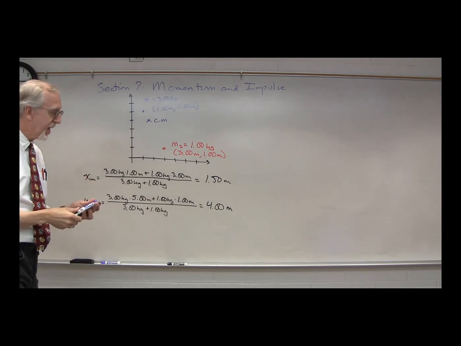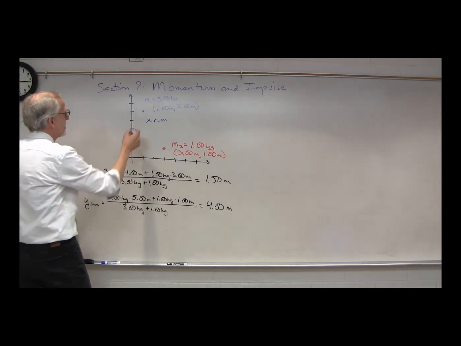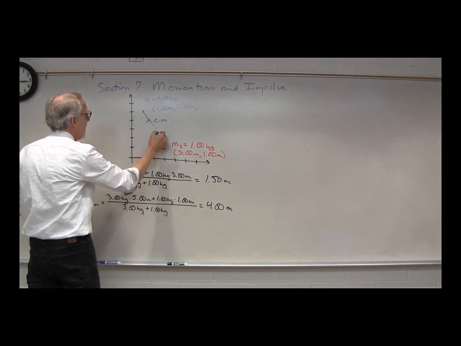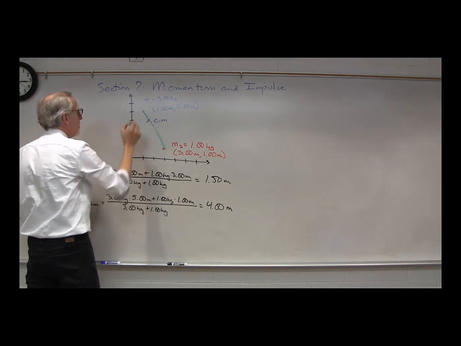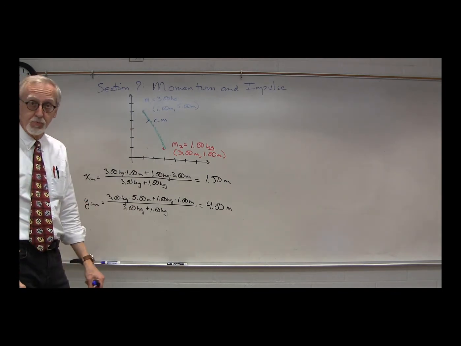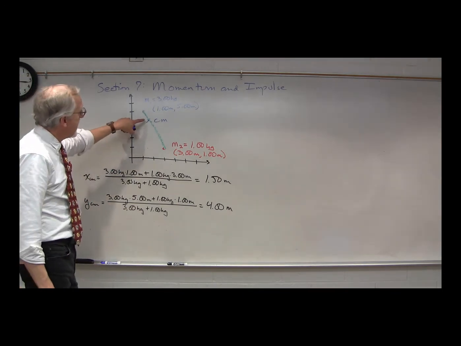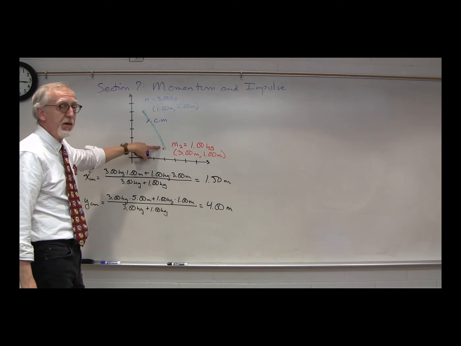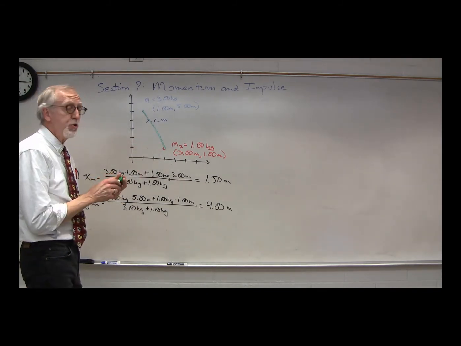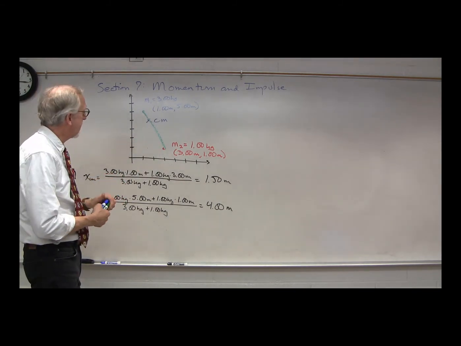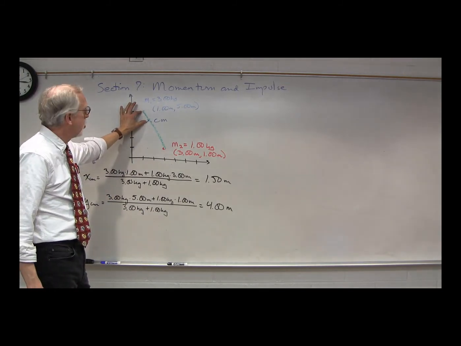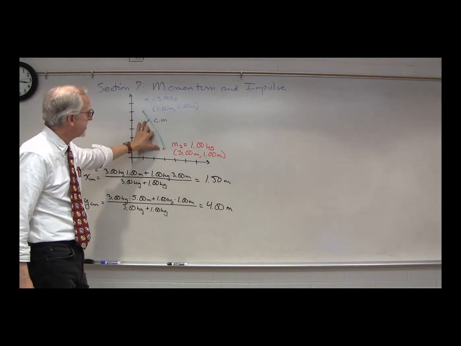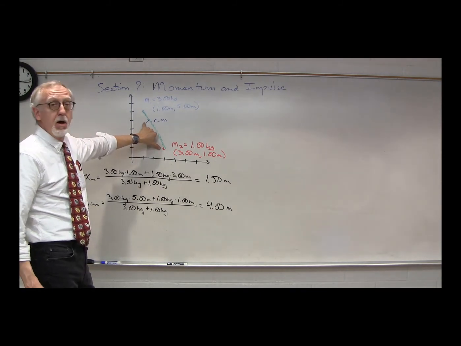Now you'll notice that for just these two masses, the center of mass turns out to be right along a line between the two. So the center of mass is right here in between the two masses. And if you measure or calculate very carefully, it turns out that this distance is exactly 1/3 of the distance from there to there.